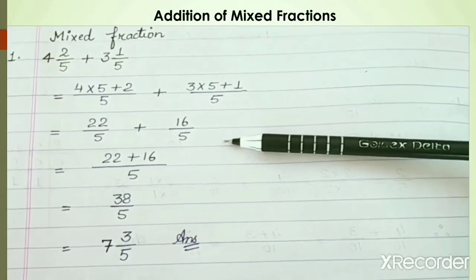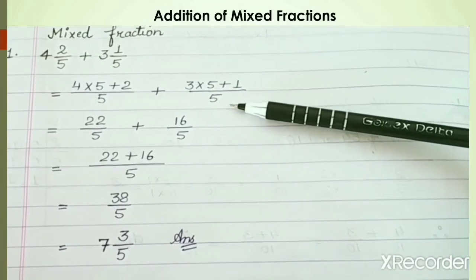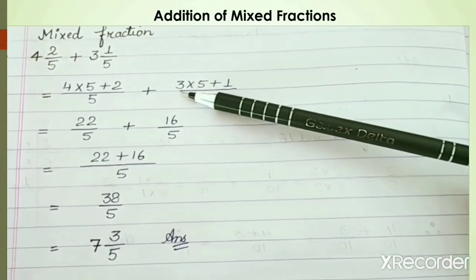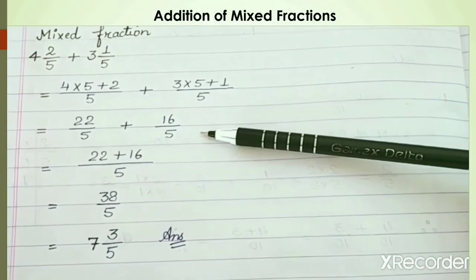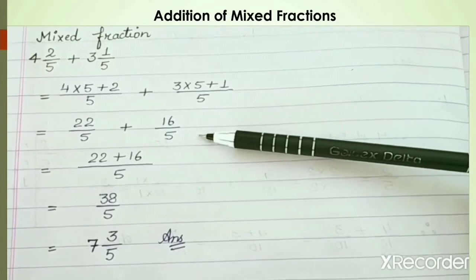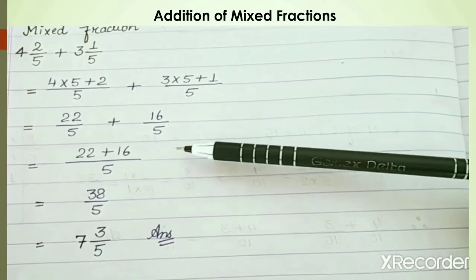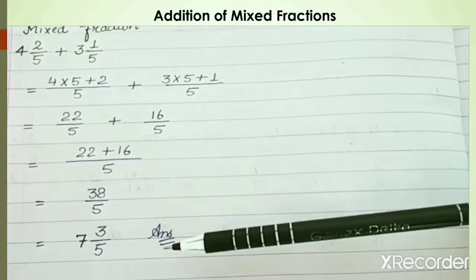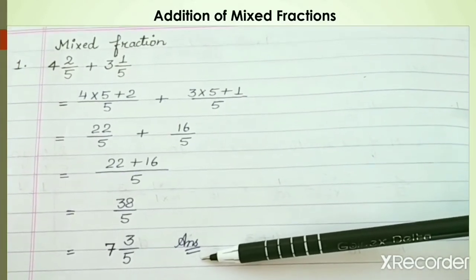Multiply the whole number with the denominator and add the numerator, upon the earlier denominator. Then it is 4 5s are 20 plus 2, 22 upon 5, and 3 5s are 15 plus 1, 16 upon 5. Now both are like fractions. Write the common denominator and find the sum of numerators. It becomes 38 upon 5, and convert this into a mixed fraction, that is 7 whole 3 by 5.